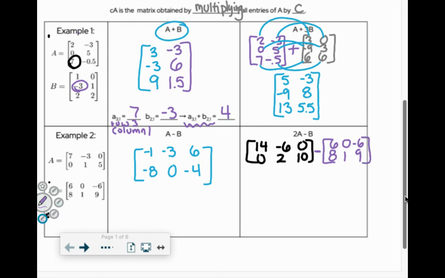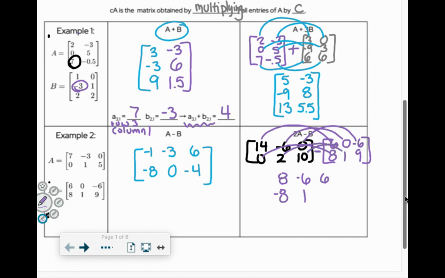Okay. 14 minus 6 is 8. -6 minus 0 is -6. 0 minus -6 is +6. 0 minus 8 is -8. 2 minus 1 is 1.